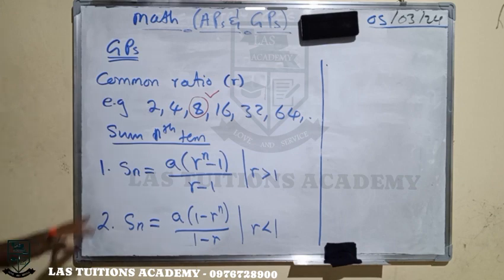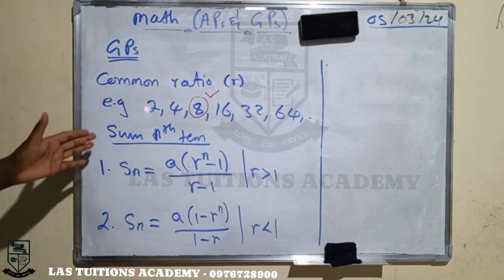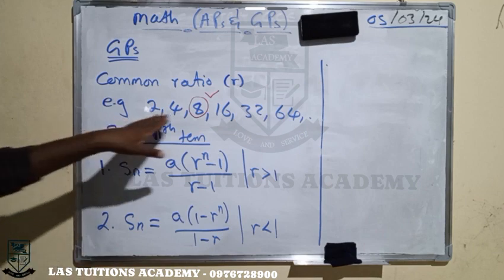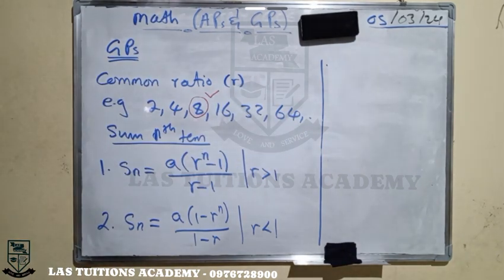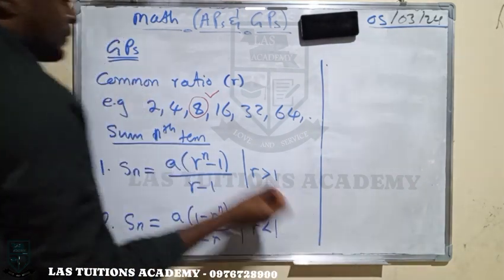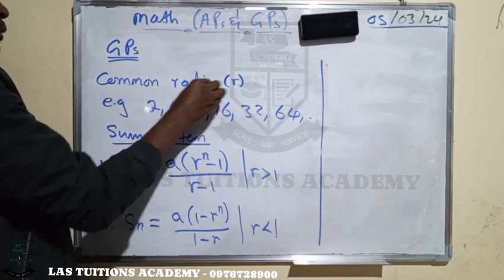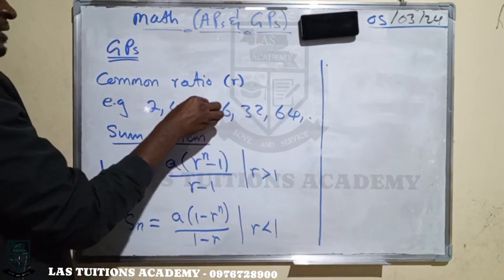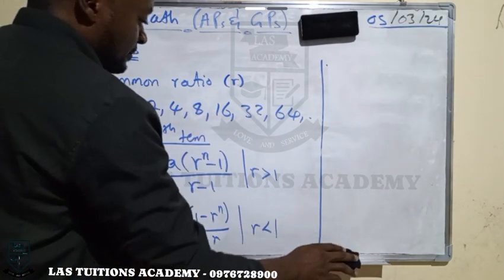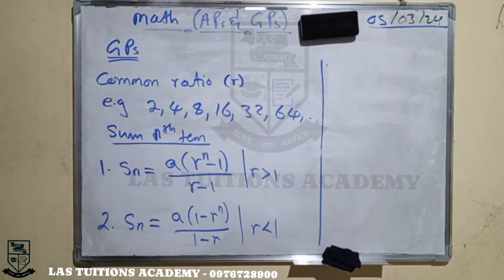So just to confirm whether we understand what we are doing. Patrick, which formula are we going to use here, in case we want to find any sum here? The sum of, I don't know how many terms. Number one or number two? Number 2. Why?